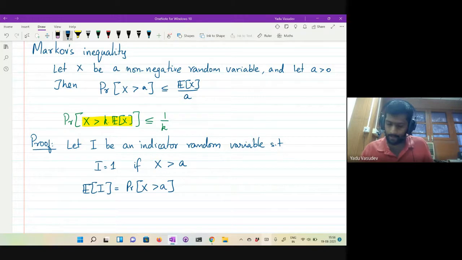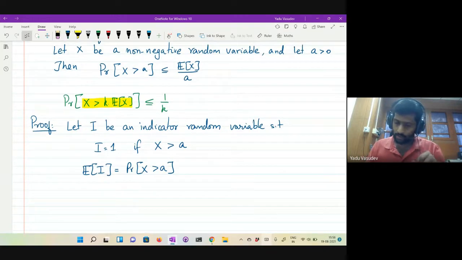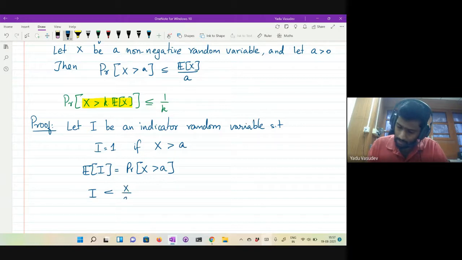Now, we know that x is non-negative, which means that I can say that I is always less than or equal to x divided by a. Why is this true? You know that x is non-negative.